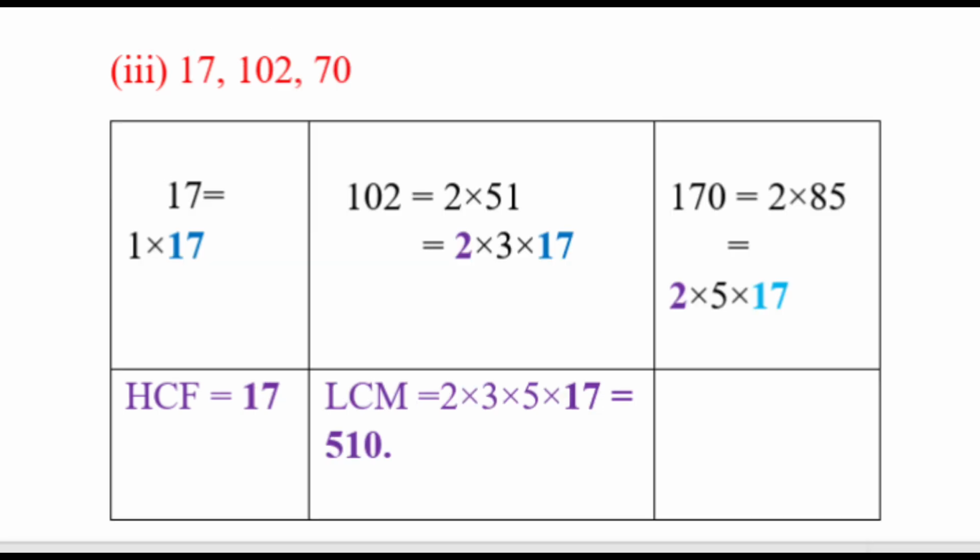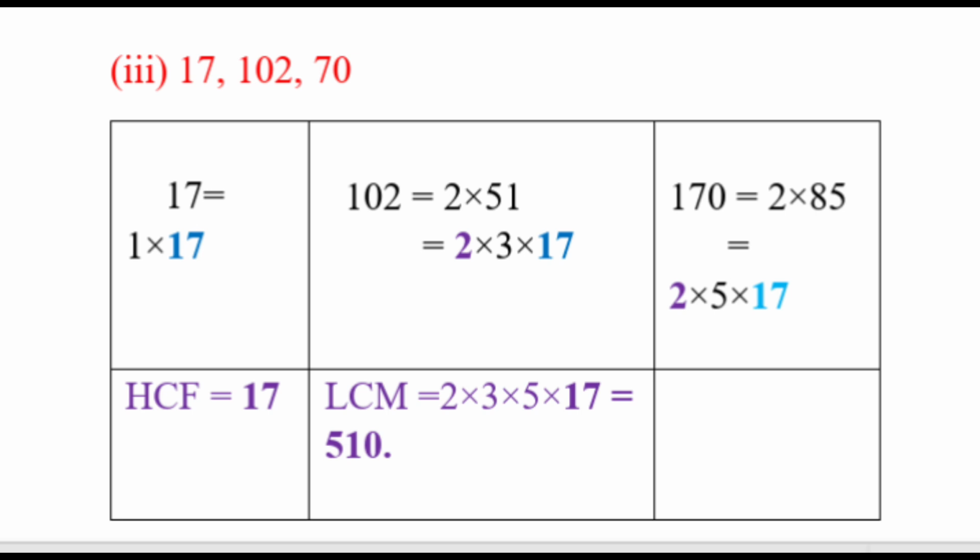Third one, 17, 102 and 170. 17 is a prime number, so the factors are 1 into 17. For 102, it is equal to 2 into 51. Then 51 is 3 into 17. 17 3s are 51.